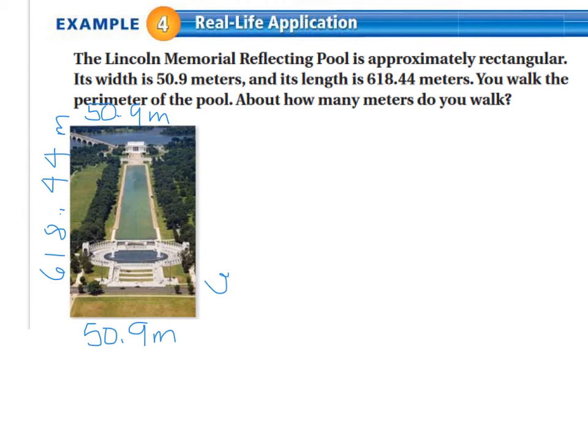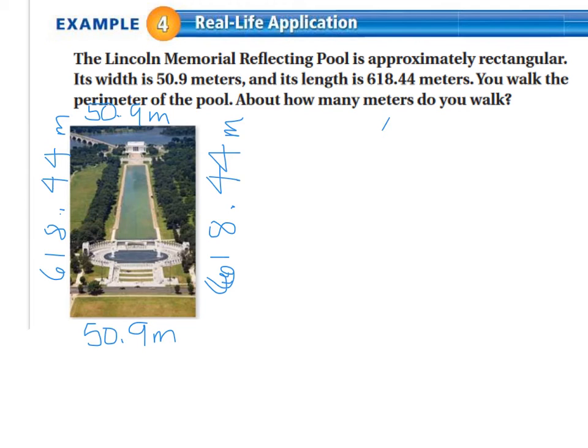And this length would also be that same, 618.44 meters. So if I'm going to calculate the distance around, I just need to add those four numbers together.